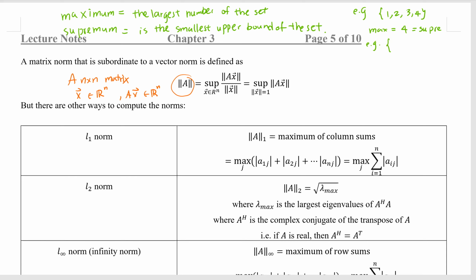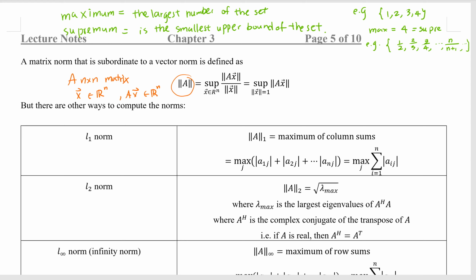Consider the infinite list of numbers 1/2, 2/3, 3/4. So it's like n over n plus 1. So far, so good, everybody? And here we have infinitely many numbers, right?